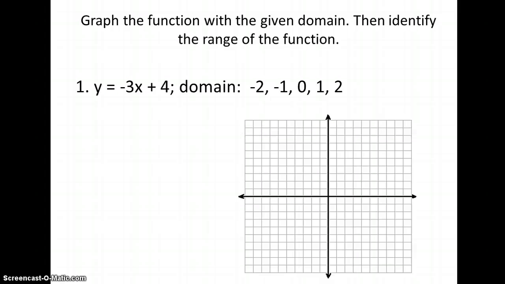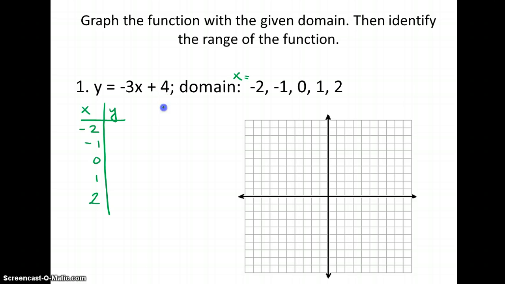Graph the function with the given domain. Then identify the range of the function. Here, we will use an XY table to organize our work. For the x's, because domain refers to the x values, we'll use -2, -1, 0, 1, and 2. You'll plug in each value of x into your equation and solve for y.